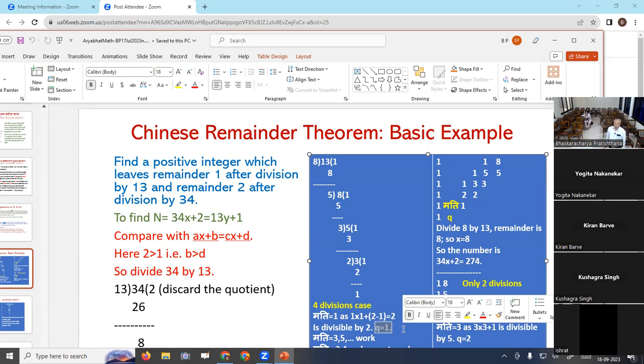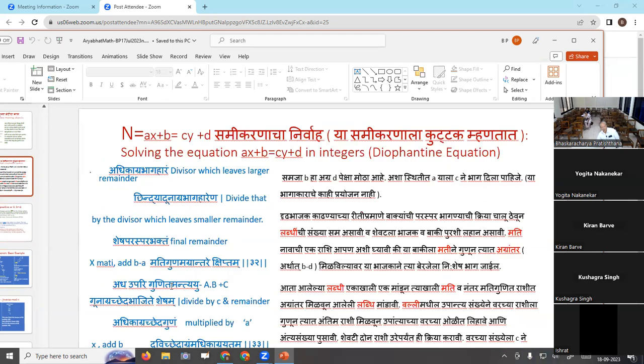Once you do this, you have to make a sequence. So let me go back. Now you make a sequence, or Valli, it is called Valli.